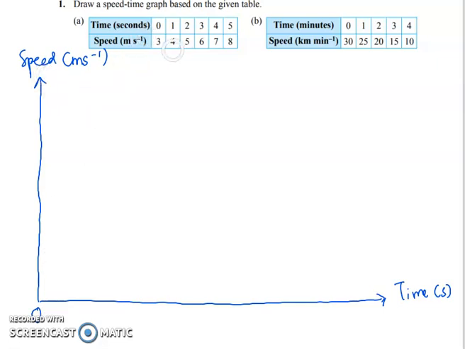For speed, we will be using 2 cm to 1 unit. So you can use 1 unit here up until 8. So 1, 2, 3, 4, 5, 6, 7, 8.